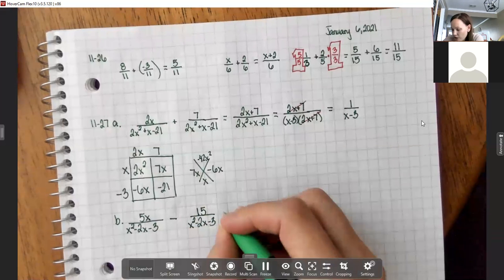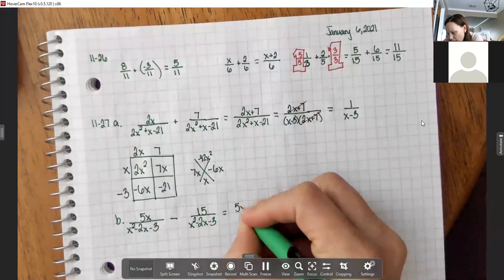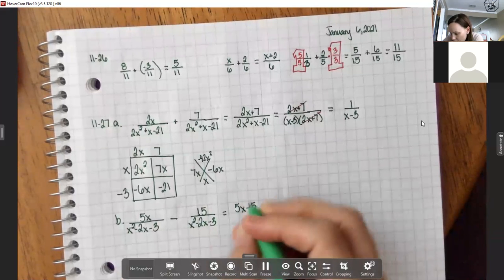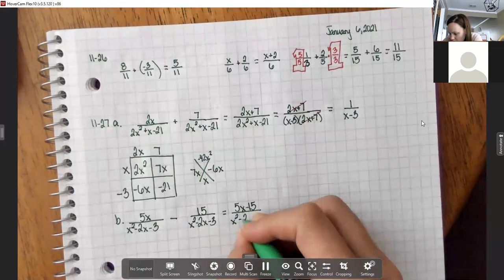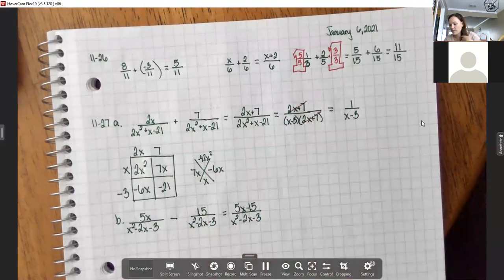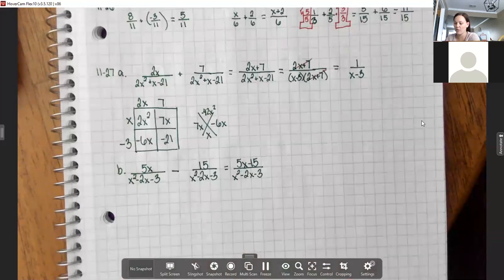It's a subtraction between our two expressions. So 5x minus 15 divided by x squared minus 2x minus 3.